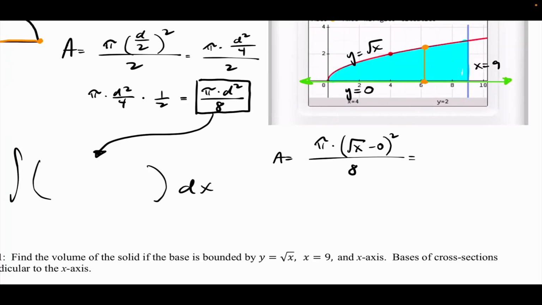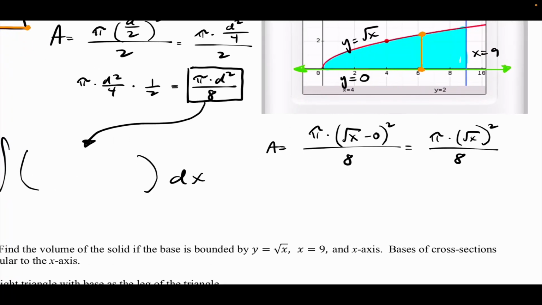Square root of x minus 0 is just the square root of x, squared over 8. What is the square root of x squared? X. So it's pi times x divided by 8. That's what's going to go in here.